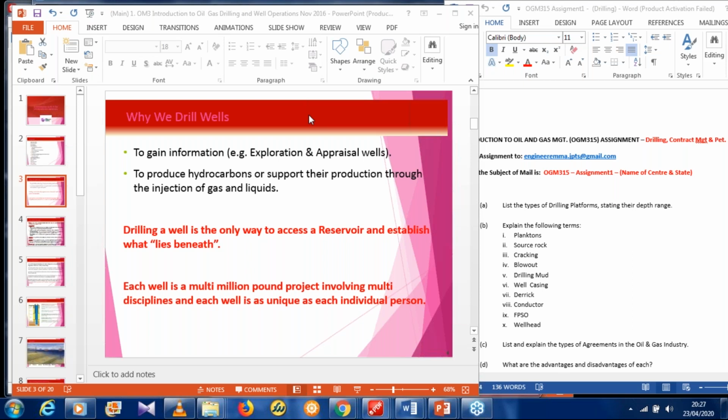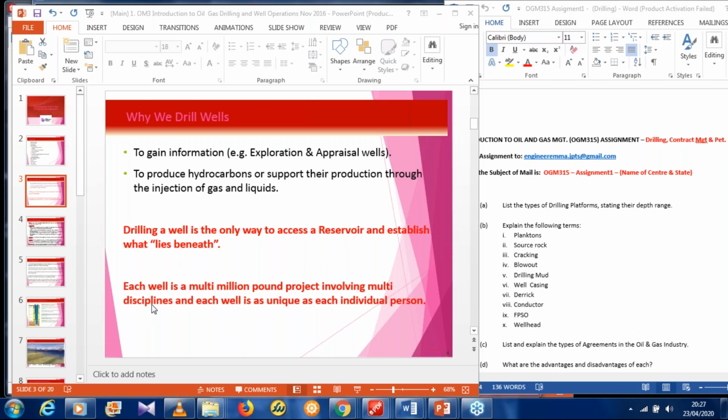We cannot see crude oil existing anywhere except we drill it out to the surface. So drilling a well is the only access to a reservoir and to establish what lies in it.